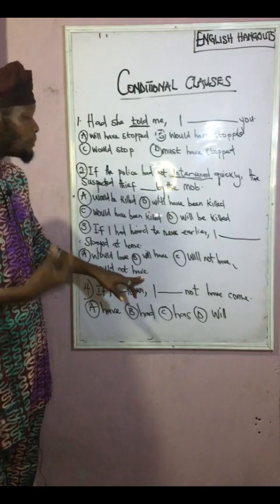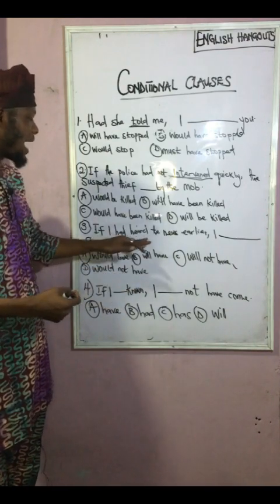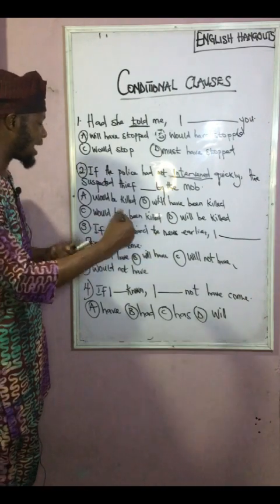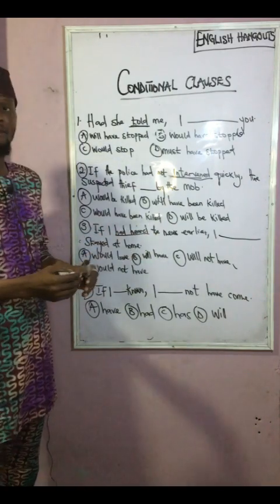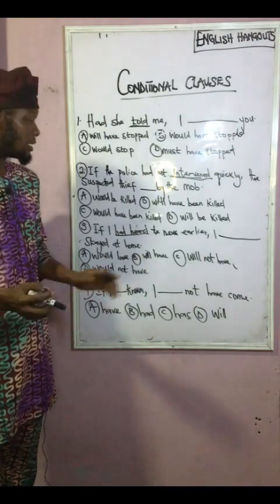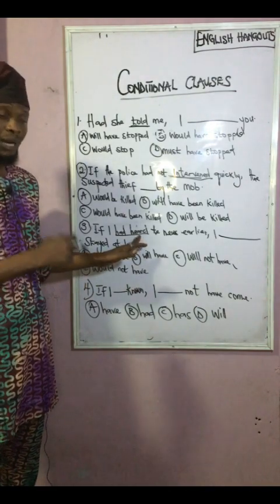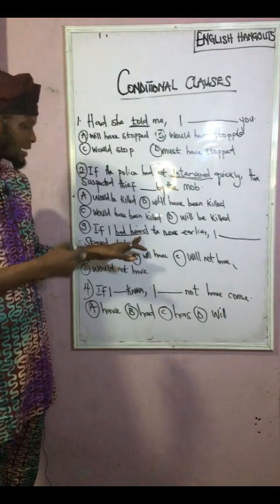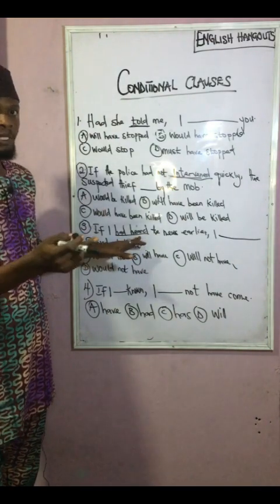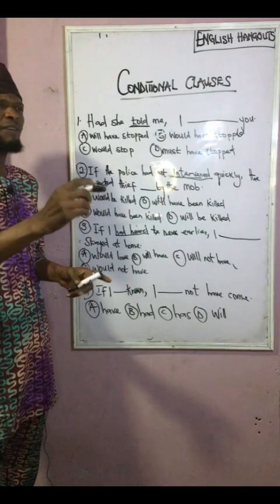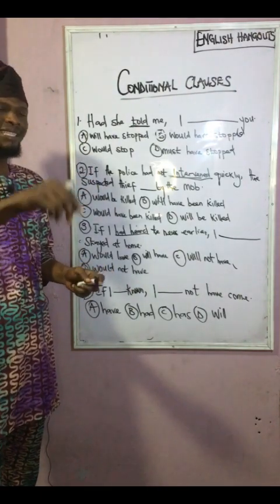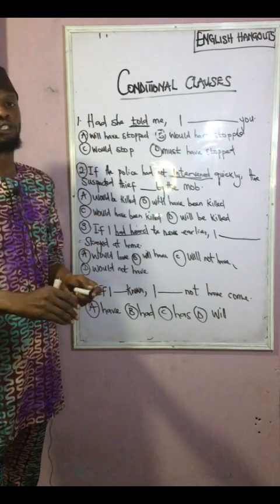Therefore, if I had heard the news earlier, the verb in this sentence is in the past tense. Is what? A past tense. If you have any sentence whatsoever where you have if I had, automatically that expression is an unreal condition.